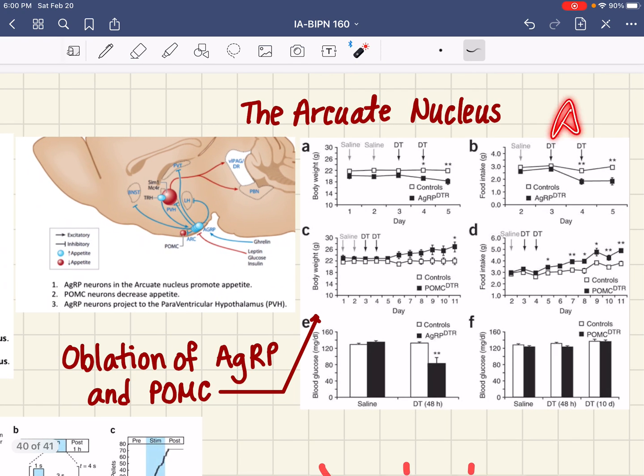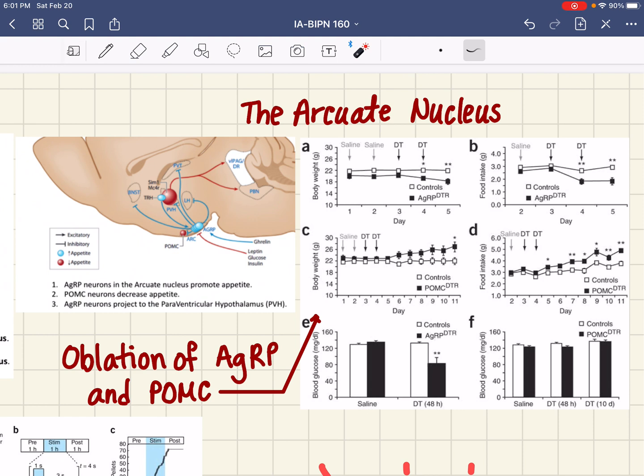This study over here is showing how the ablation of AGRP and POMC affect body weight. So up top over here, we are inhibiting AGRP. And so you see when this is just regular mice feeding, but when we inhibit AGRP, the mice will start to lose weight because AGRP initially promoted eating.